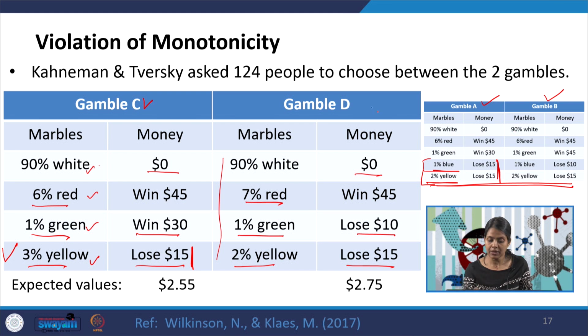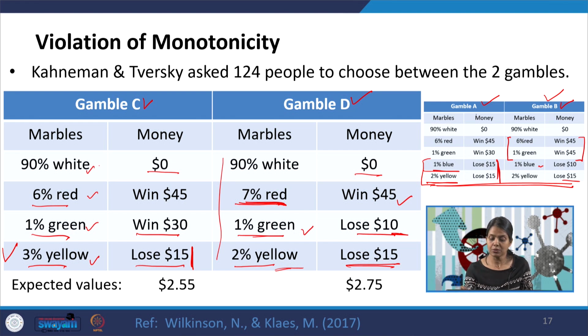Now, if I compare gamble D and gamble B, then here I have 7% red and here I had 6% red and 1% green. In both cases we win $45. So, here we have 7% red and $45 is the winning amount, 1% blue is replaced by 1% green where you are losing $10, 2% yellow losing $15, 2% yellow losing $15, they remain the same.